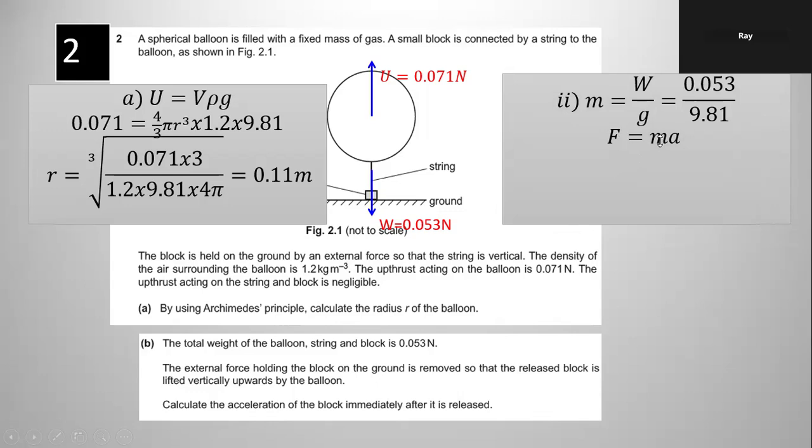Then F equals ma. Upthrust minus weight equals mass times acceleration. From here we get the mass. That's acceleration. Okay, 3.3 meter per second squared. Anything not clear? Yeah, it's clear. Okay.